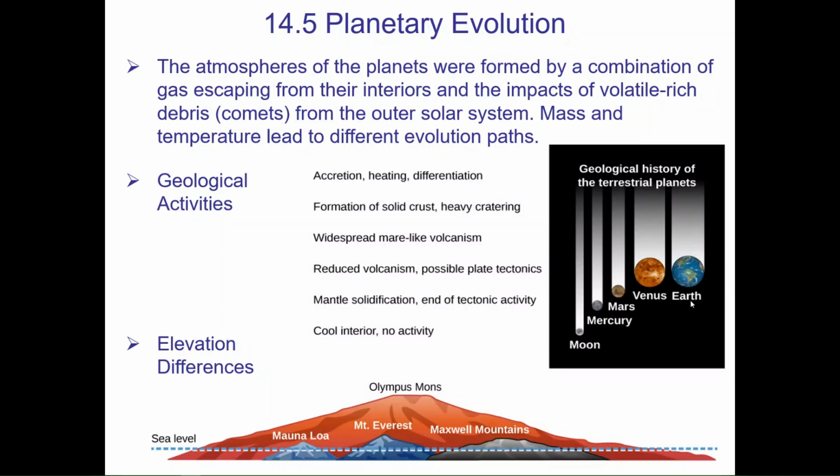If you compare Venus and Earth, Venus is a little bit hotter than Earth, closer to the sun, so it does not really have liquid water. So most of the carbon dioxide is cooked out. Basically, the high temperature forces carbon dioxide to come out from rocks. Therefore, Venus has a very dense atmosphere full of carbon dioxide.